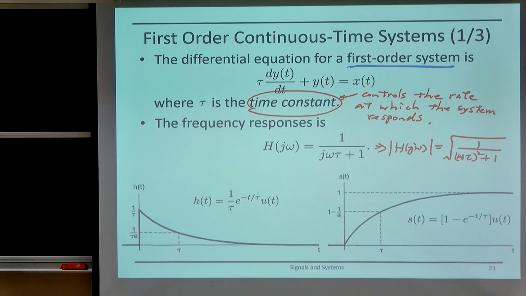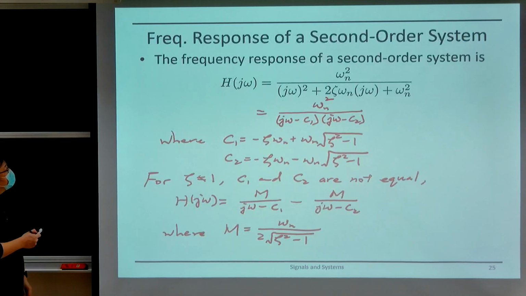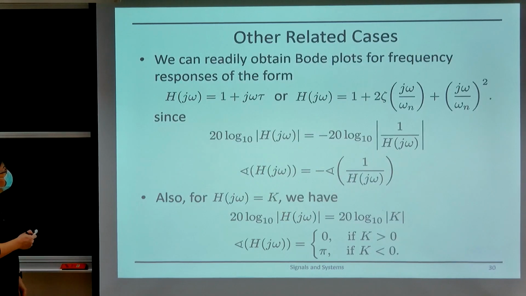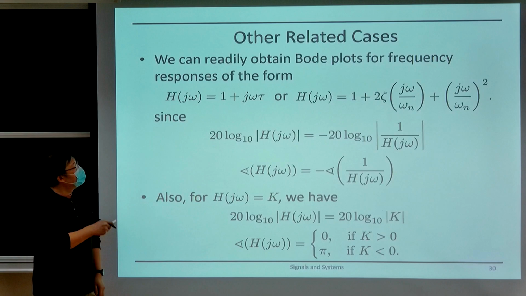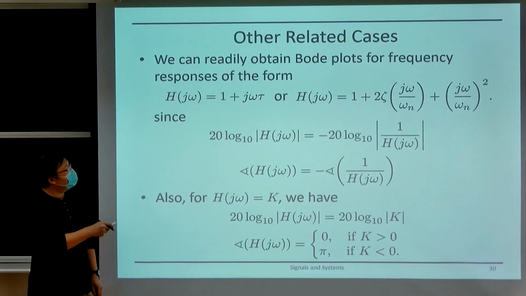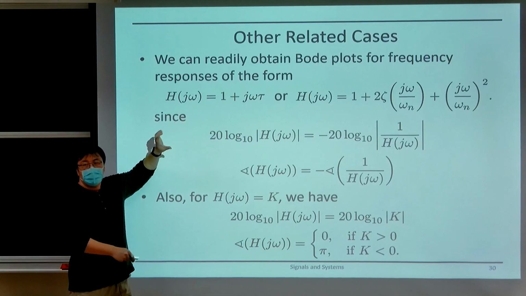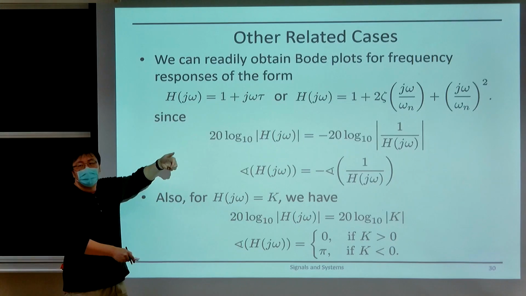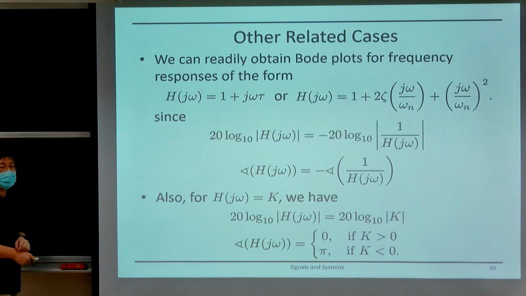Okay. So with these two, I can immediately get the Bode plot for systems like this and systems like this, because this is just the reciprocal of the first order system, and this is just the reciprocal of the second order system.